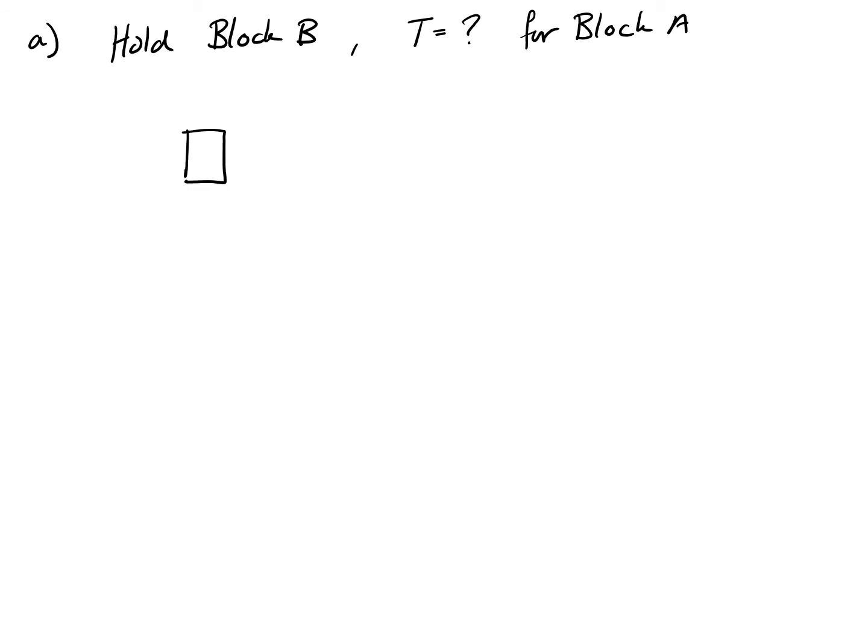In part A, we're going to hold block B and then calculate the tension for block A. I think this part's very weird to include, but sure, we'll do it.